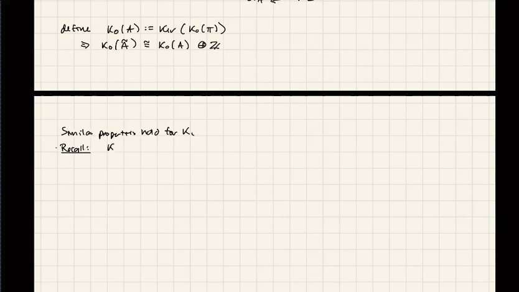So K1 of a C-star algebra, which can be unital or non-unital, doesn't really matter, is isomorphic to the unitaries in all the matrix amplifications of the unitization of our C-star algebra A modulo an equivalence relation.